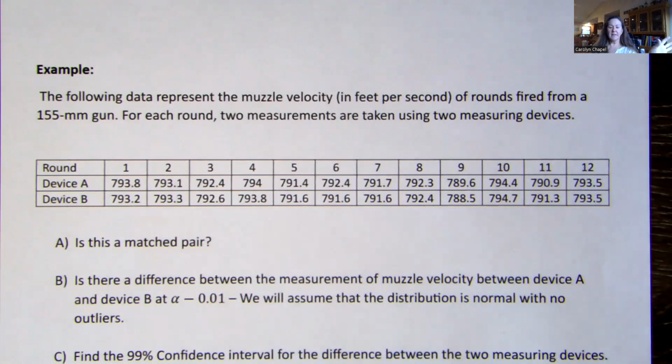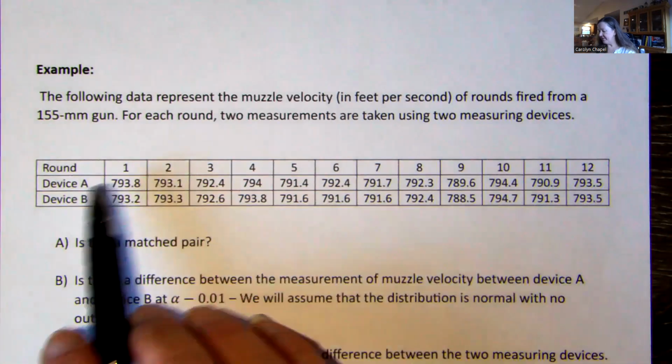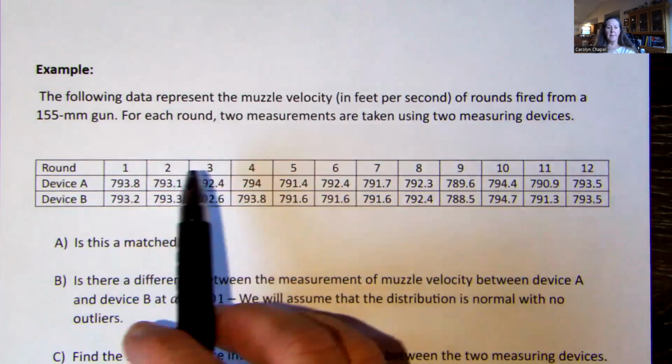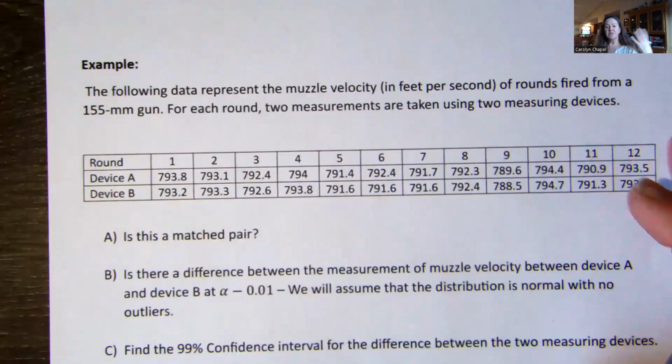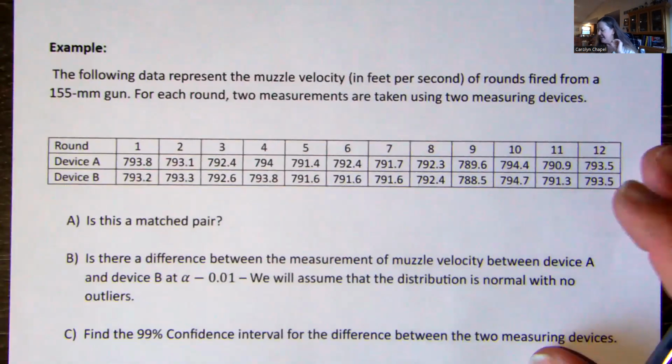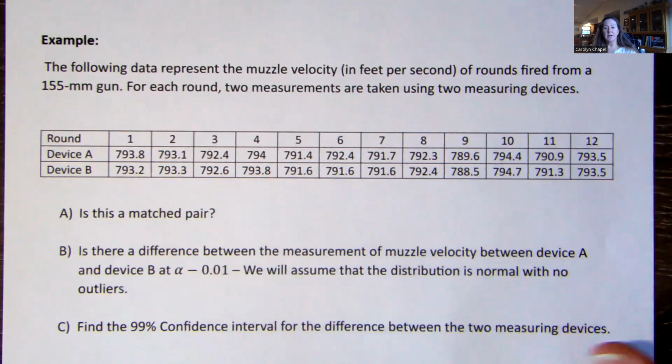If we had completely different shots measured differently, so this guy measured this one, this guy measured a different one, then they'd be completely independent from one another. But since they measure the same shot, it is a matched pairs.